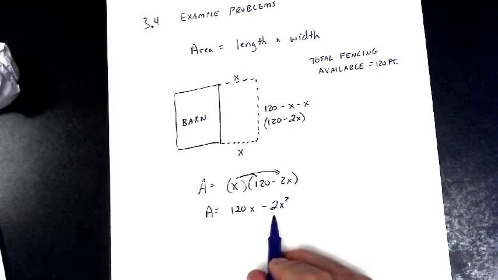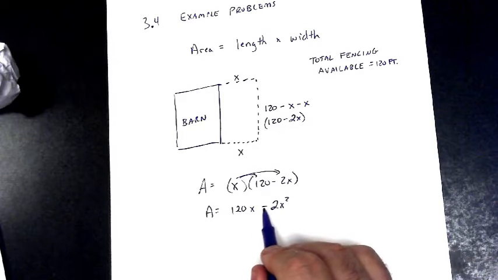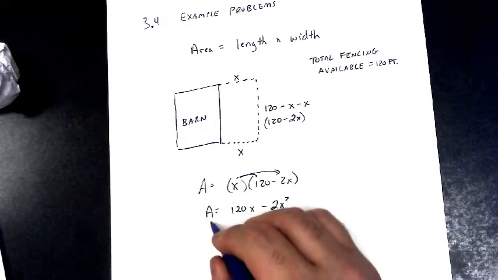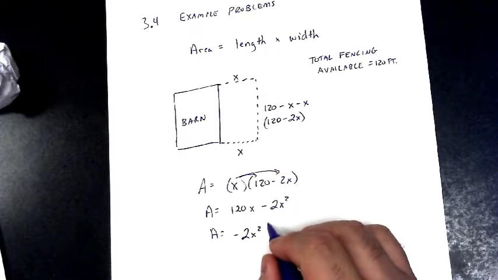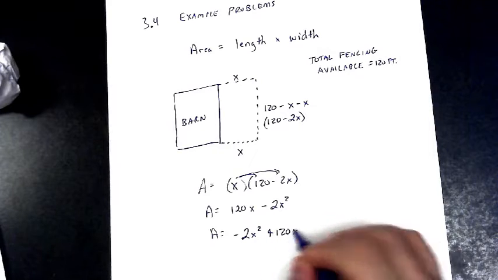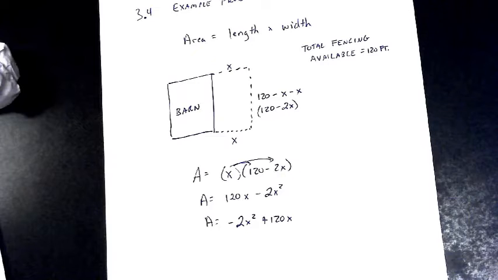If you want to write this in more of a standard quadratic form, remember if you're going to move things around, keep the signs that are in front of the numbers with them. So we could also write this as negative 2x squared plus 120x as being our quadratic function that will represent the area in terms of x.